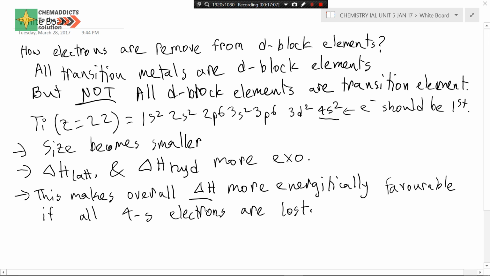Point number 2 is that this makes the lattice enthalpy as well as the hydration enthalpy more exothermic. As a result, this makes the overall del H more energetically favorable if all the 4s electrons are lost rather than 3d electrons, okay. So have you understood these concepts regarding the problem?